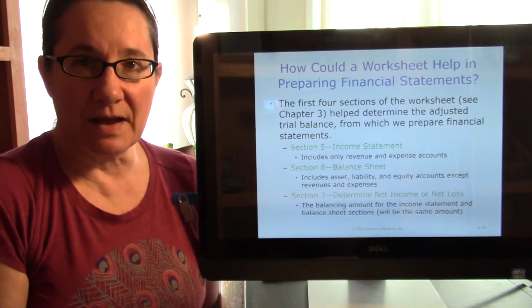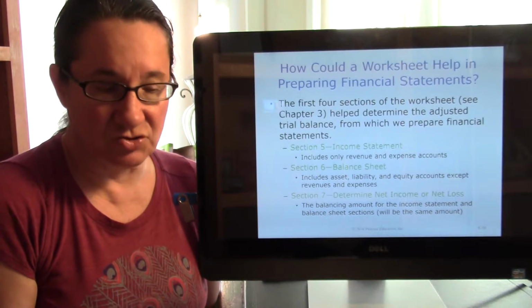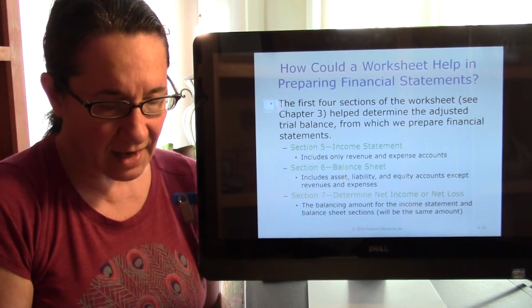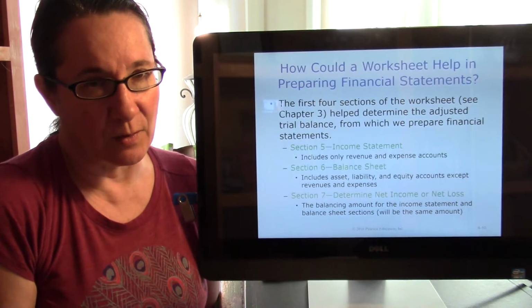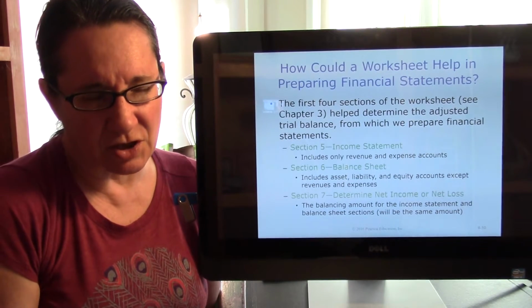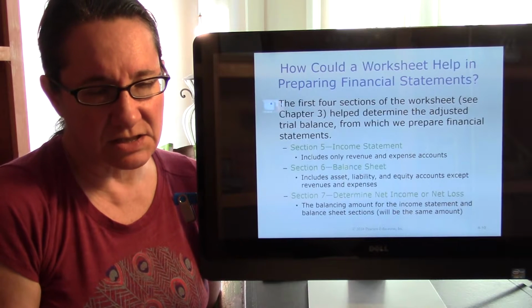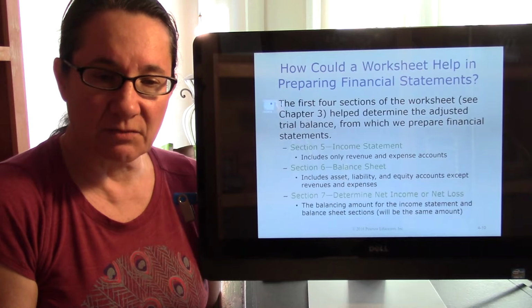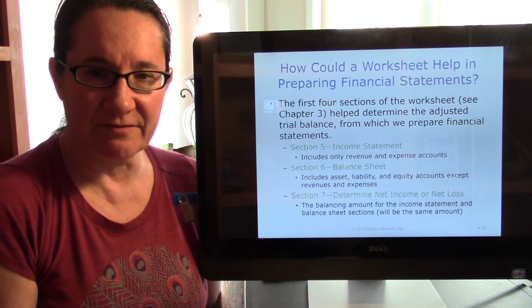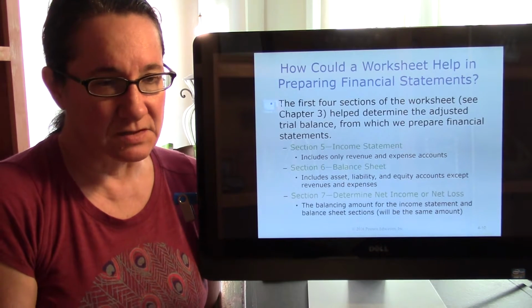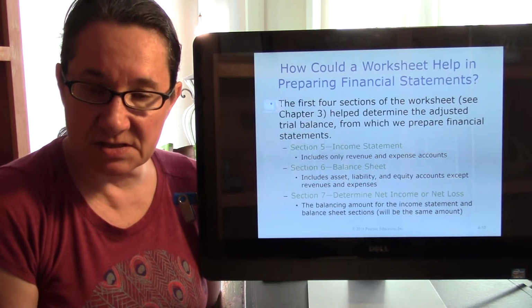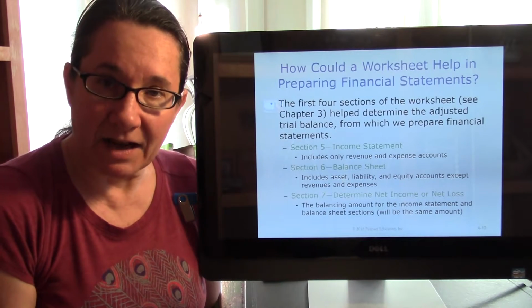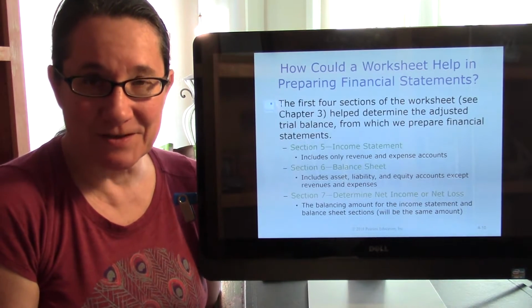So we take those account balances and we put them on an unadjusted trial balance, and then we sit down and we think about, well, what wasn't really included in those transactions, but that is really actually a revenue or an expense for my company, and that affects an asset or a liability. So we think about those and we do adjusting entries, which we analyze, journalize, and post to the ledger.